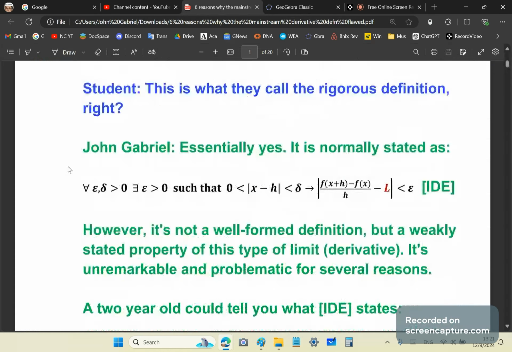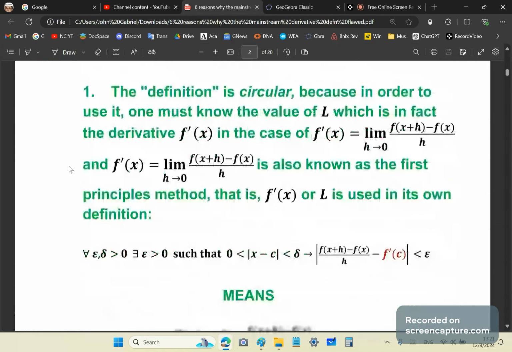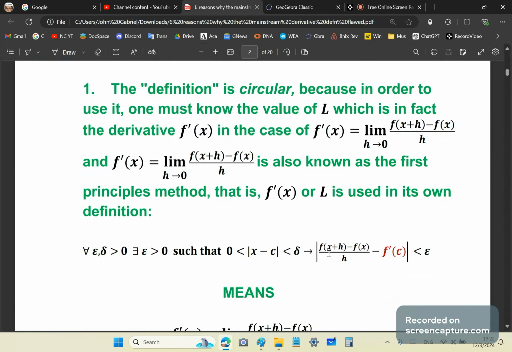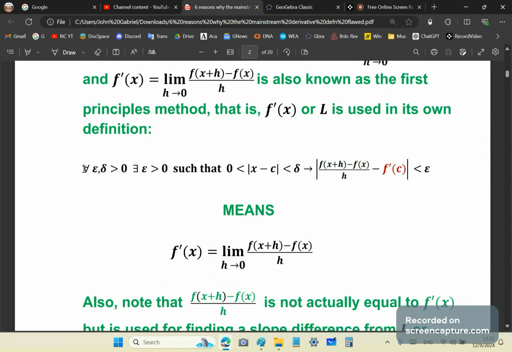So the first reason is that the definition is circular. You're actually using L in its own definition, okay? So you basically are guessing L, which is this value here, in the inequality or the definition, and you're trying to verify it using this inequality, okay? Because this here means this, okay?